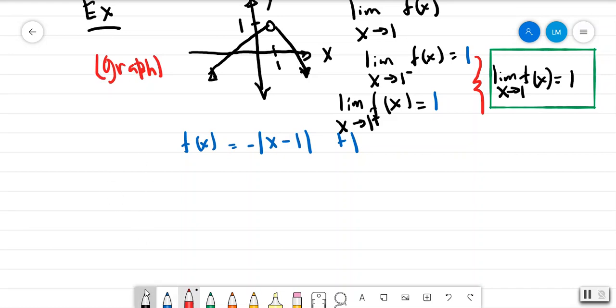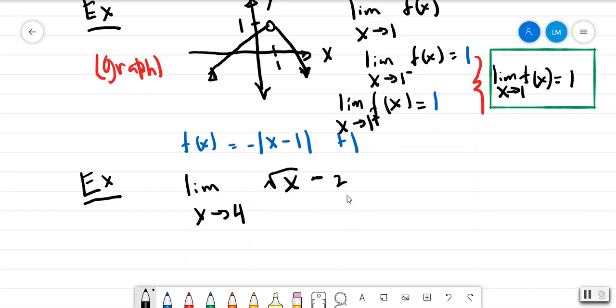The other way that we can also look at this is, for example, what if we were to use a table? So let's say that we're trying to find the limit as x approaches 4 for the square root of x minus 2, all divided by x minus 4.